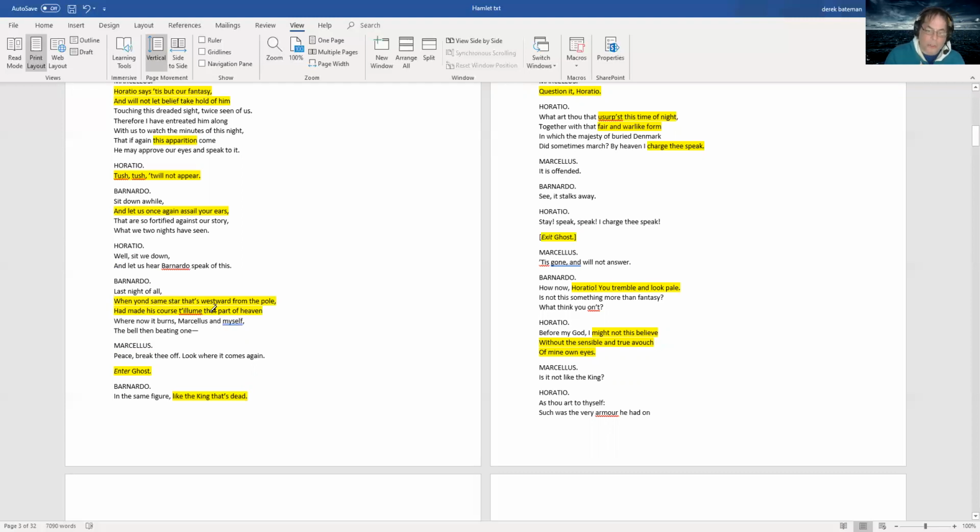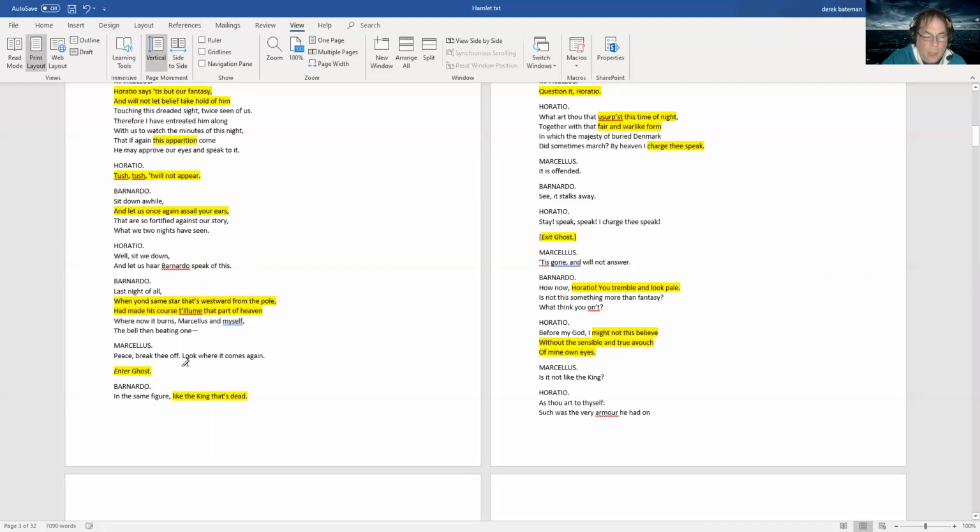Now, we know a ghost is coming. So we have these elements of superstition, ghosts, the supernatural, astrology. Okay, something is in the air.